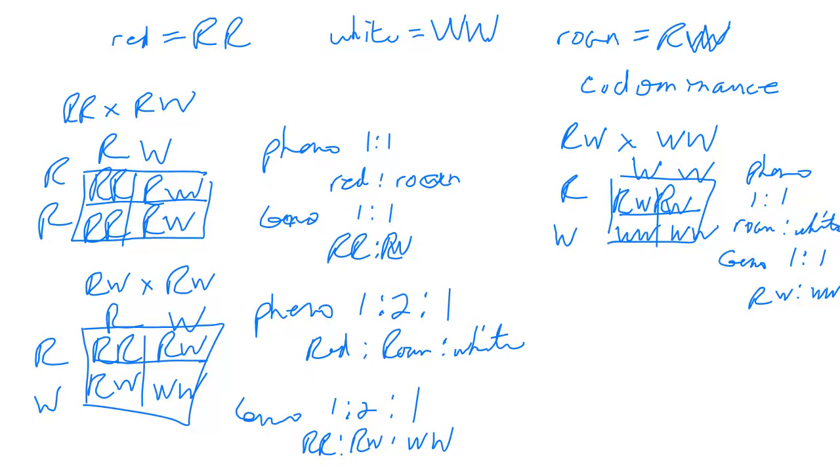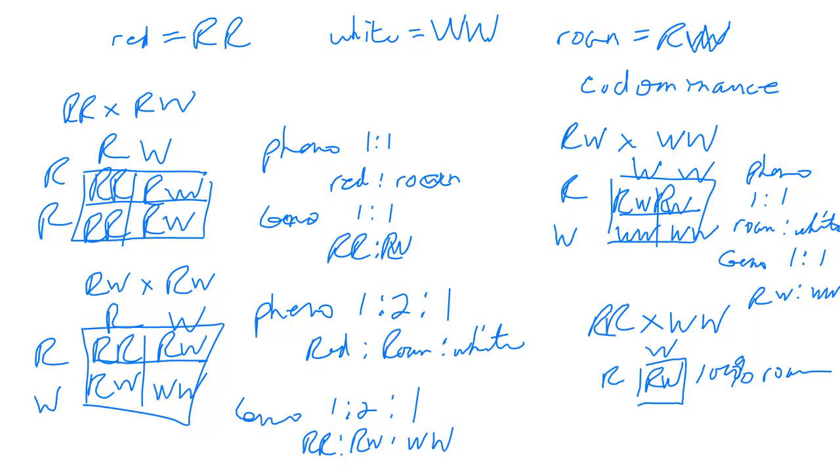And then our last cross is a red and a white. You don't even have to make a square, do you? What are all the offspring going to be? They're all roan, right? 100% roan.